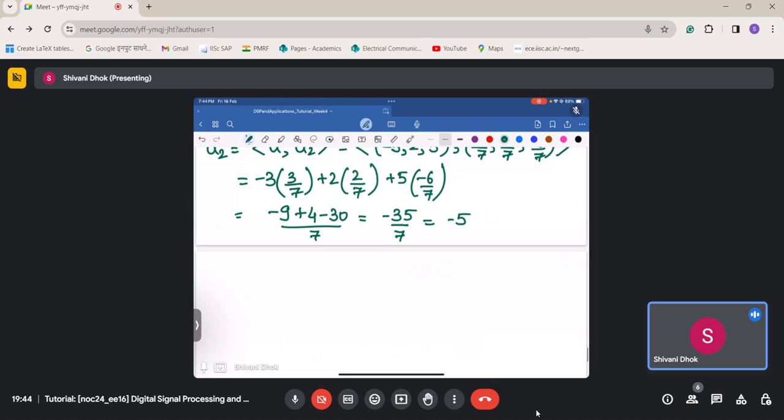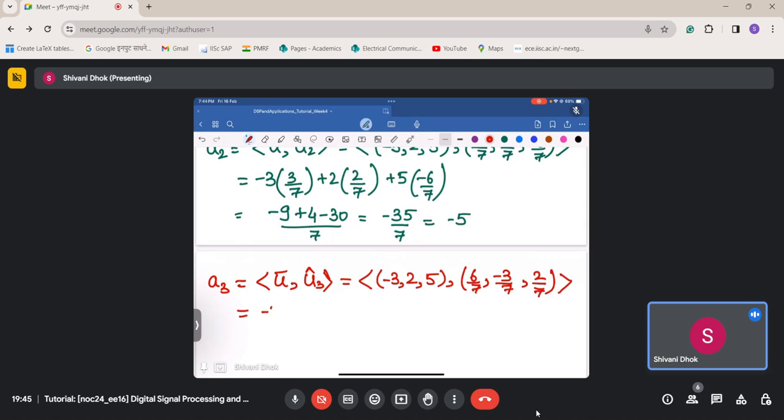Okay, and in a similar way, I can find A3, which is equal to the inner product of U bar with U3 cap, which is the inner product of minus 3, 2, 5 with 6 by 7, minus 3 by 7 and 2 by 7.